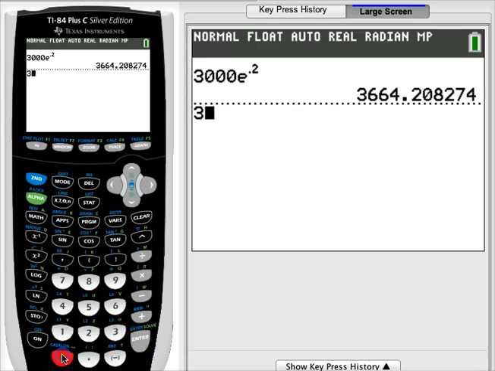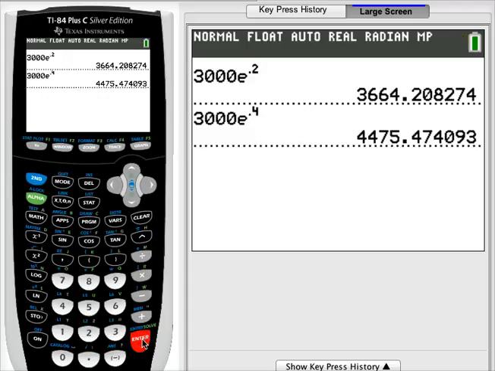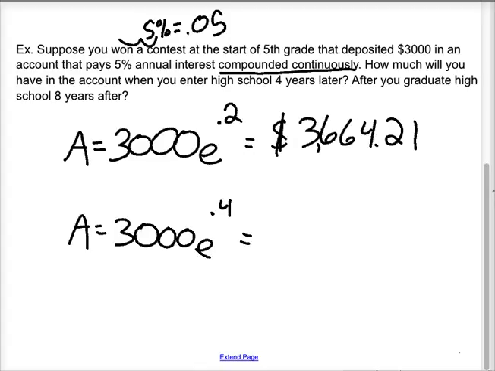So 3,000 times e to the 0.4, you get $4,475.47. So you can see leaving it for 4 more years, you make quite a bit more money in this case.